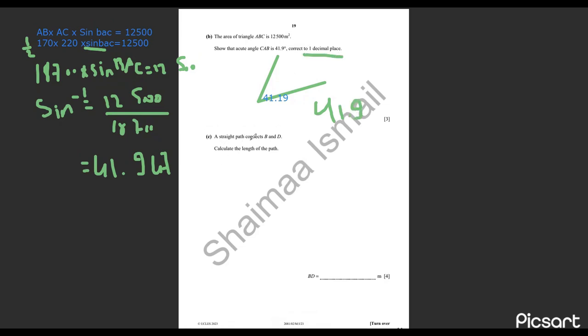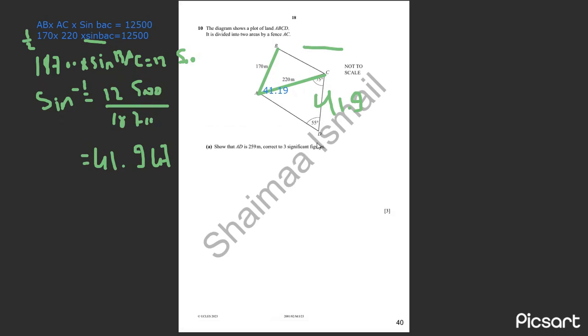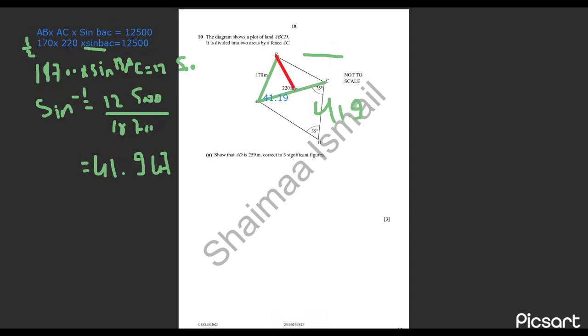Okay. A straight path connected P and D. Calculate the length. Okay. P and D. Where is P? Okay. Let's do this with a new triangle. So here we have a new triangle, which would be ADP. Okay, APD. And here we have this angle is 41, and here we have 170. Remember this AD already we got is 259.